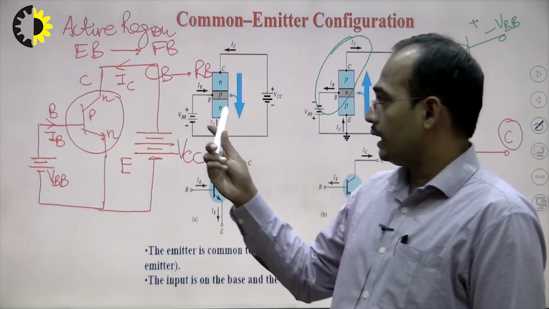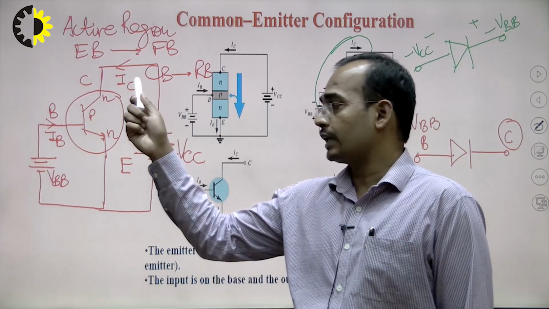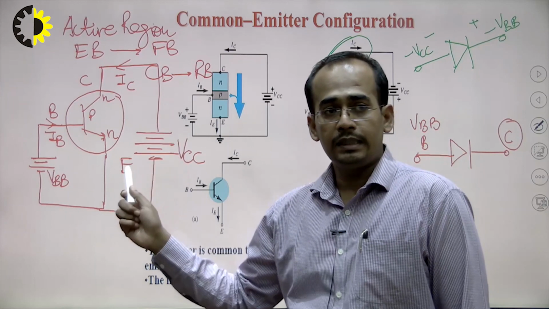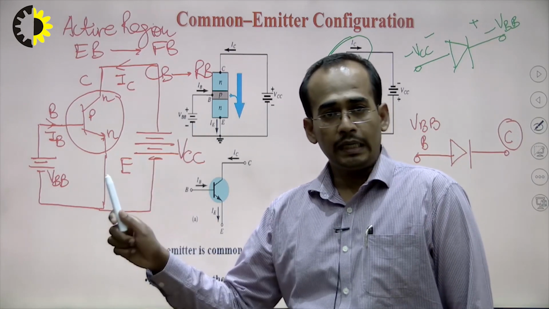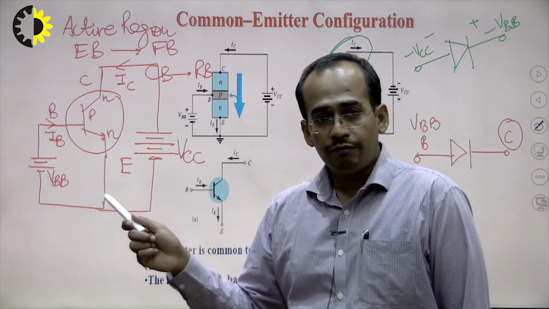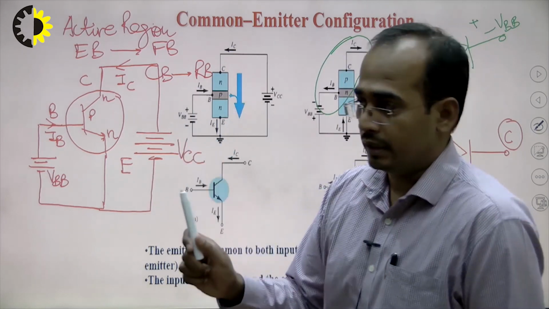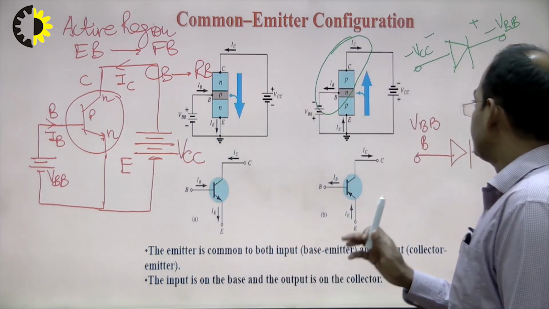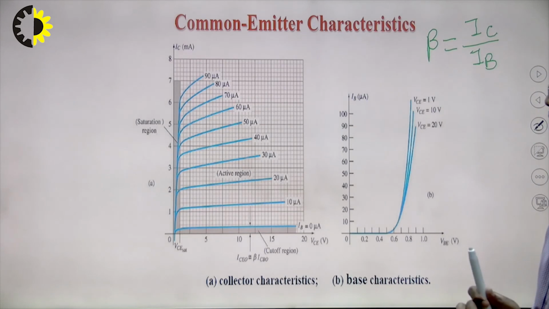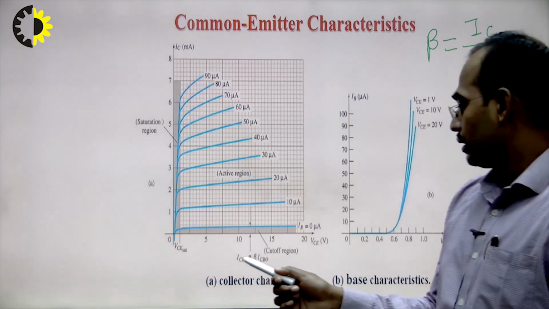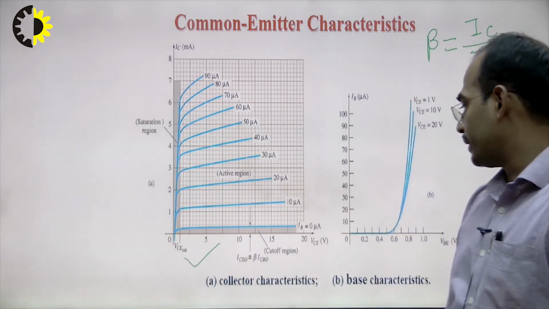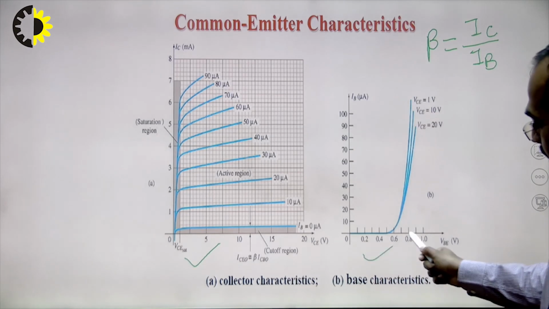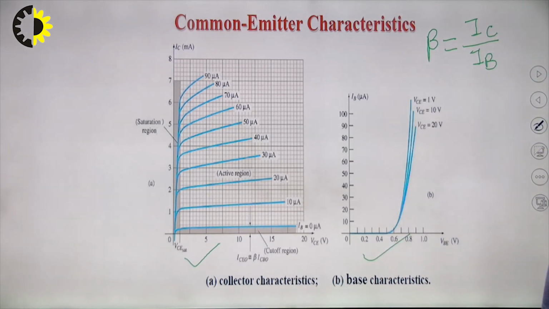Similarly, the output characteristic will be drawn between IC and VCE by taking different input currents. So, this is the collector characteristic or output characteristic, and this is the input characteristic or base characteristic.